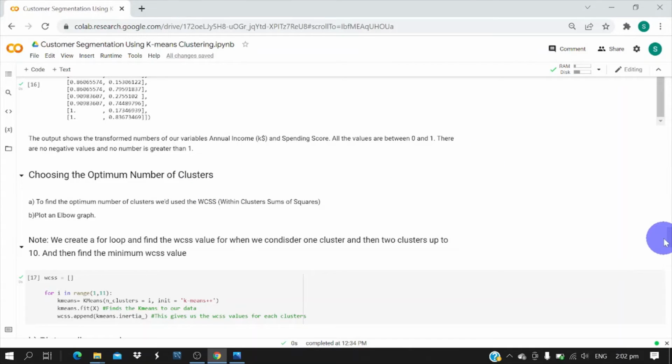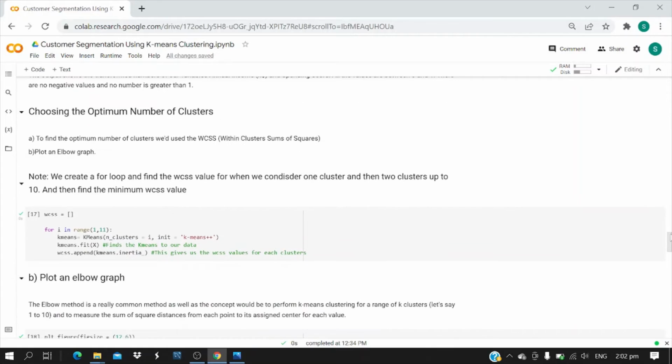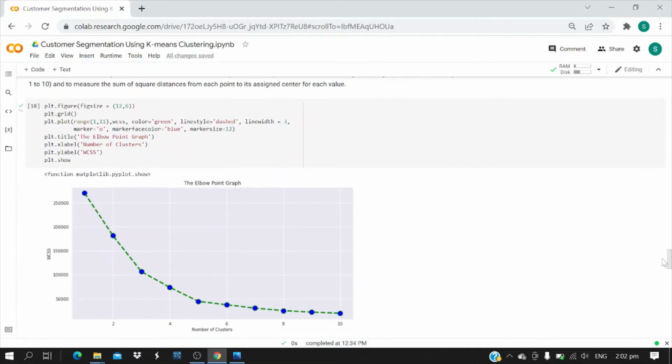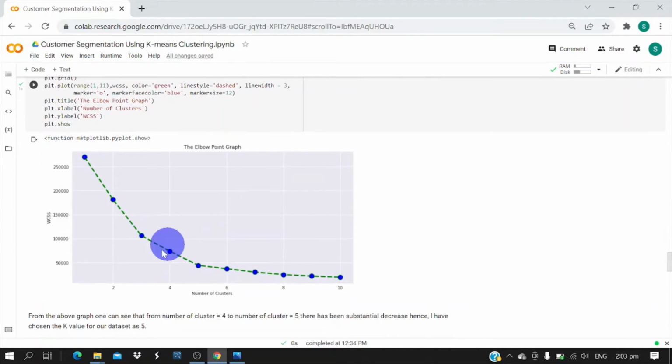After I created the for loop to find the WCSS values, that gives the optimum number of clusters, I used the elbow method to visualize it and to pick the number of clusters.